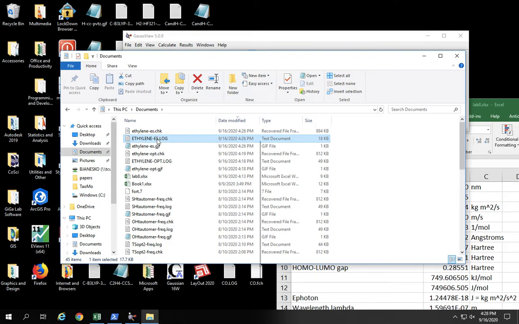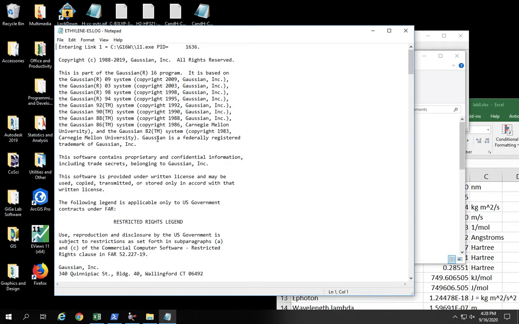Here's our excited state. I'm just going to open this file. And here's the log file from the excited state calculation.